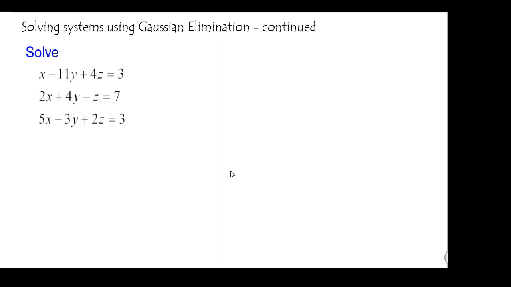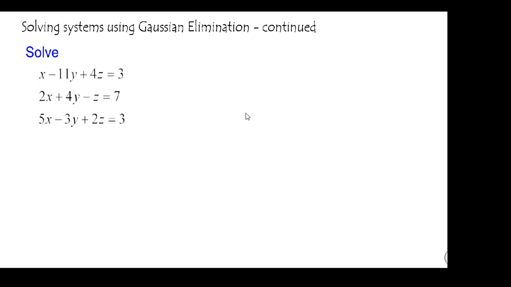One will involve a system that has an infinite number of solutions, and one involves a system with trigonometric functions as coefficients of the variables in the system. Just keep in mind the algorithm is what is important.